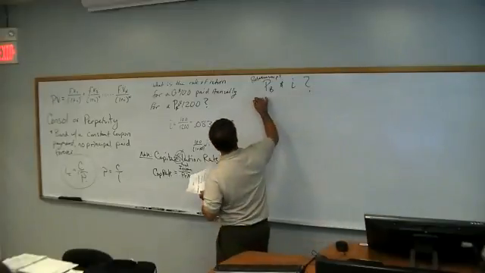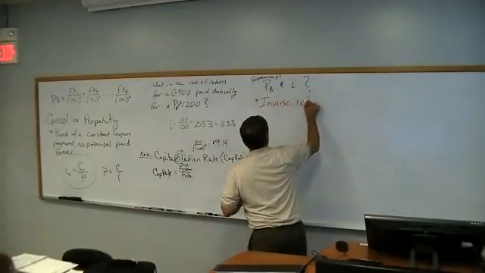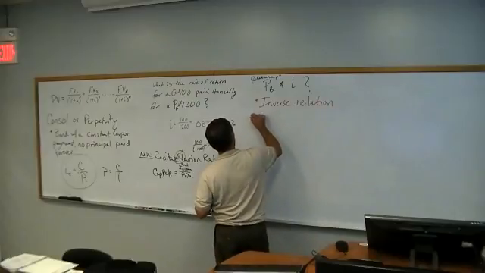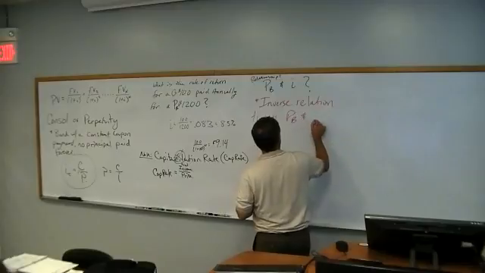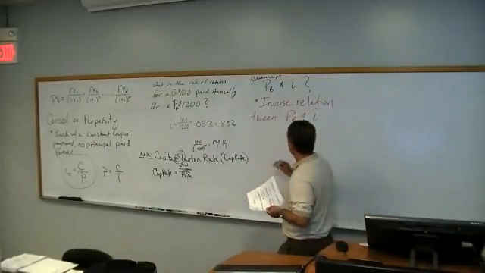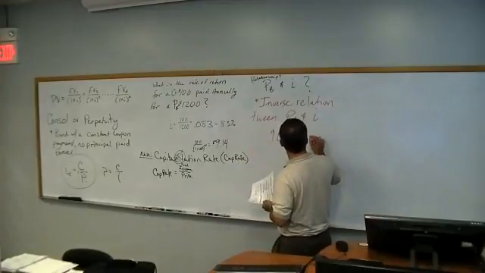So one of the most important things here is the inverse relation between the price of the bond and the interest rate. They move in opposite directions. An increase in interest rates leads to a decrease in the price of bonds.